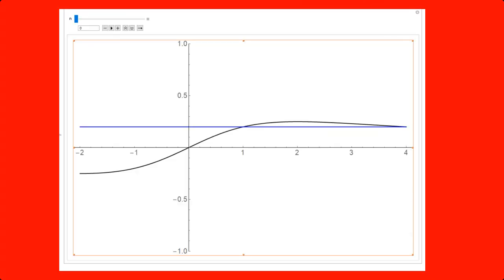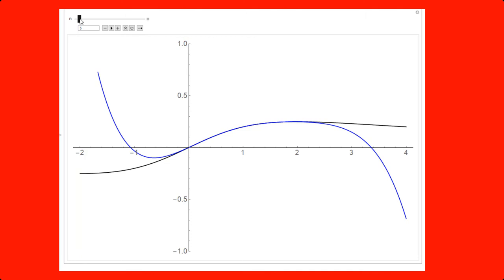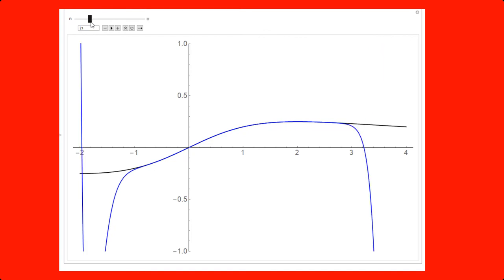And indeed, we can vary the order, the number of terms we have in our Taylor series approximation. Once more, we see in black here our function, x over 4 plus x squared, and then varying the order of the series starting from 0, going through the various cases that we've already seen. Fifth order approximation, going up to about the 20th, indeed 21st order approximation.